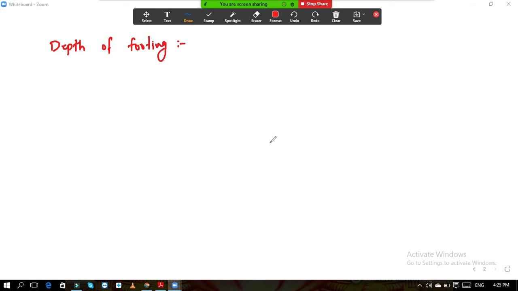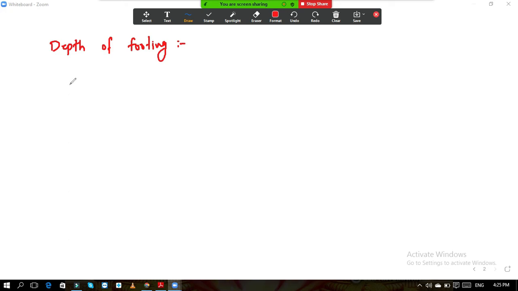But here, while calculating the depth, we will do one thing. We calculate the depth itself by using the criteria of one-way shear and two-way shear, so that whatever value of depth we get from there is always a safe depth. For that depth your footing will not fail. Now how to do that, let us see.